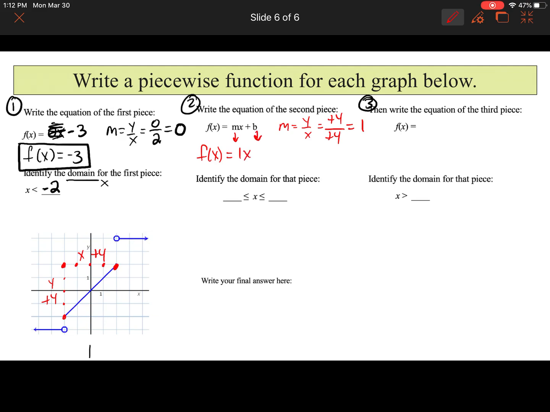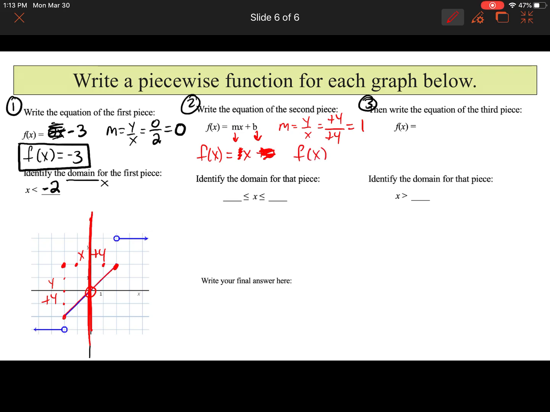Now I need my b, right? Where does it cross the y-axis? So this line crosses the y-axis right here at y equals 0. So let's clean this equation up. I don't need the 1 in front of the x. 1 times anything is itself. And I don't need the +0.